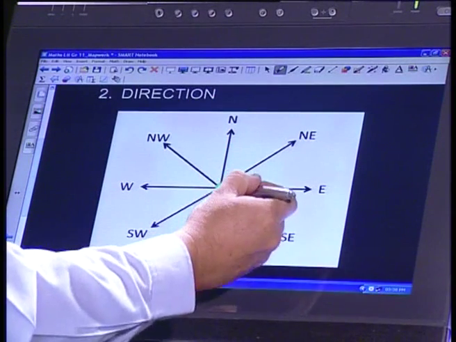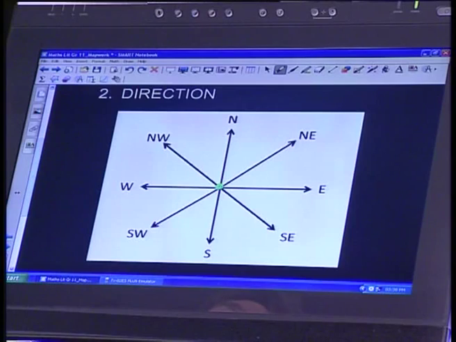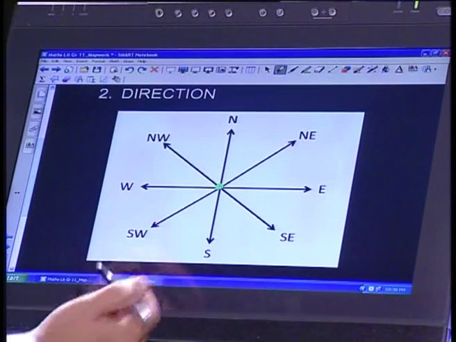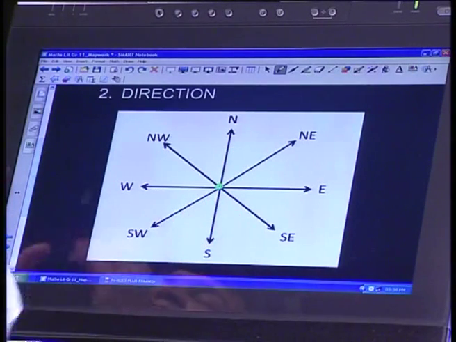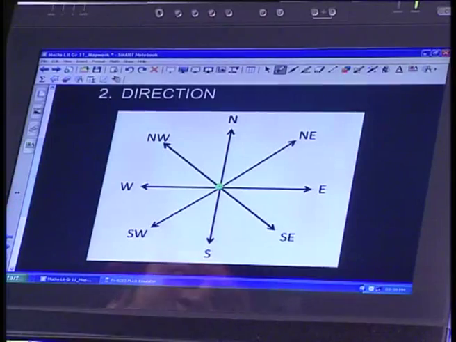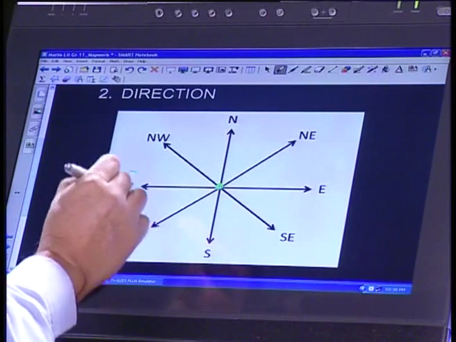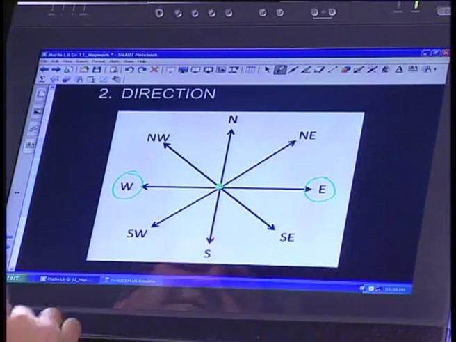Were I to be going down the screen, I'd be going in a southerly direction. So we have north and south, and those are our two main points. If we don't understand where north or south is, we're not going to understand where any of the other directions are. Okay? Our next two important things are these two guys over here, west and east.